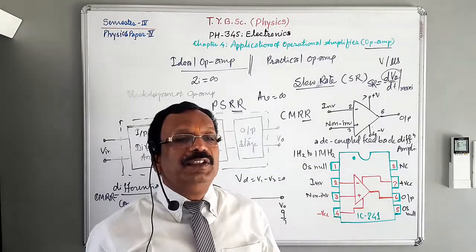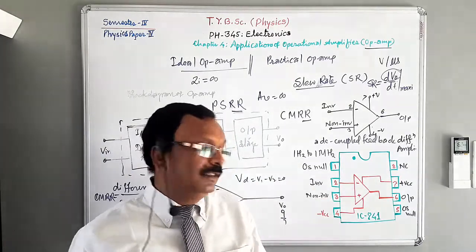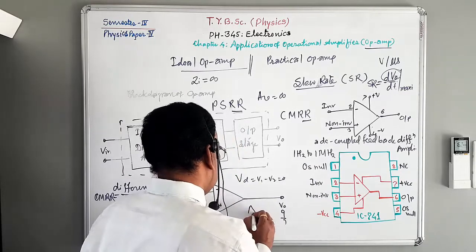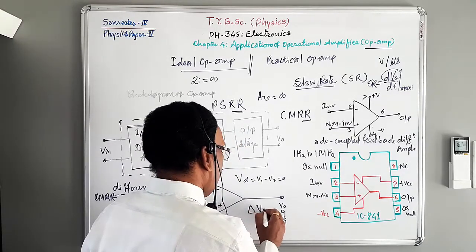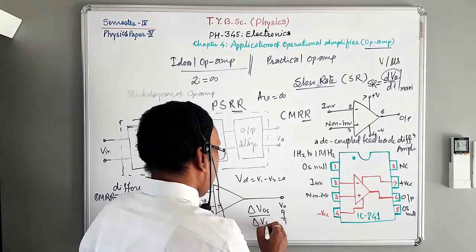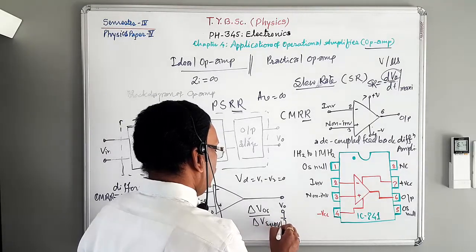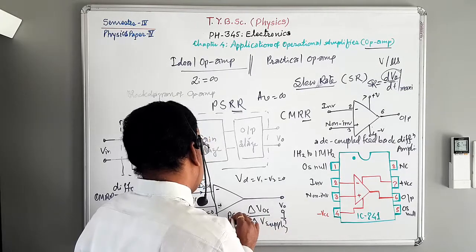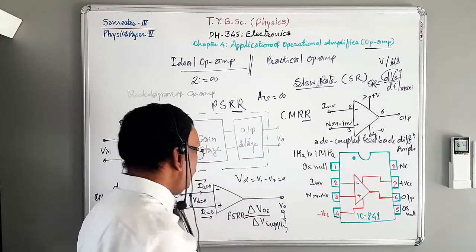PSRR is also a ratio of change in offset voltage to change in supply voltage, and this is nothing but PSRR.